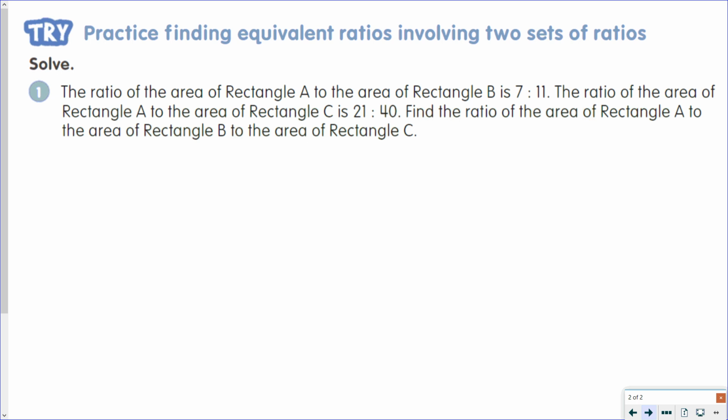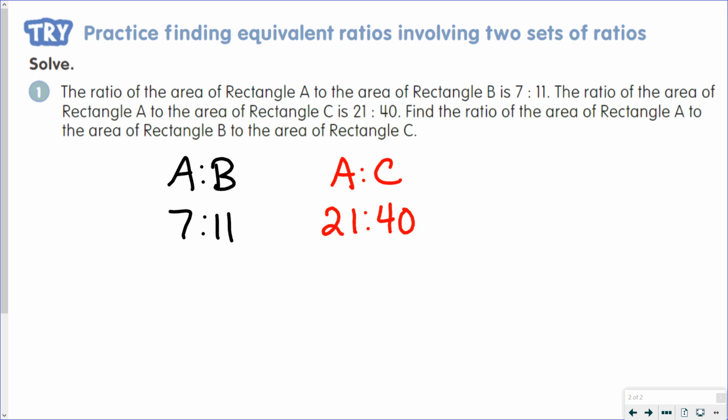The ratio of the area of rectangle A to the area of rectangle B is 7 to 11. So A to B is 7 to 11. The ratio of the area of rectangle A to the area of rectangle C is 21 to 40, and we want a ratio for A to B to C. Well, in both ratios, rectangle A, the connection is that 21 is a multiple of 7.